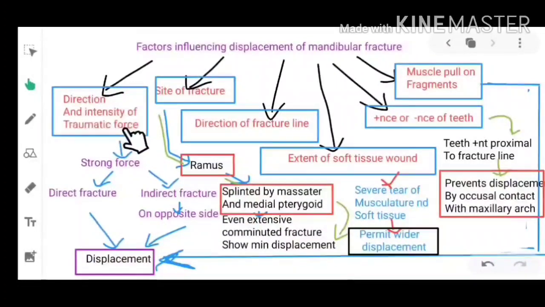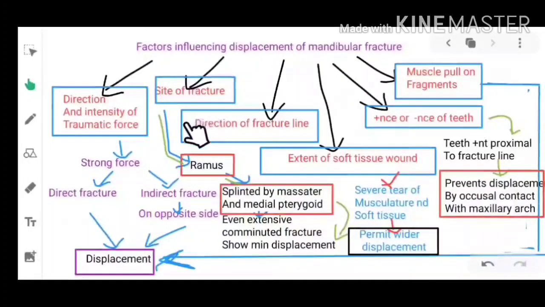First, direction and intensity of traumatic force. If the force is strong, then a two-way fracture occurs. First a direct fracture will occur, and then on the opposite side an indirect fracture will occur, and this will lead to displacement of the fragment. Second, muscle pull on fragments. As we studied before, different muscles affect the fragments and cause their displacement.